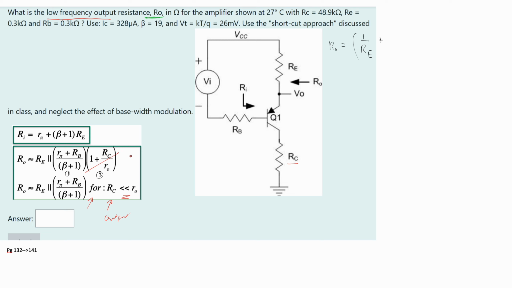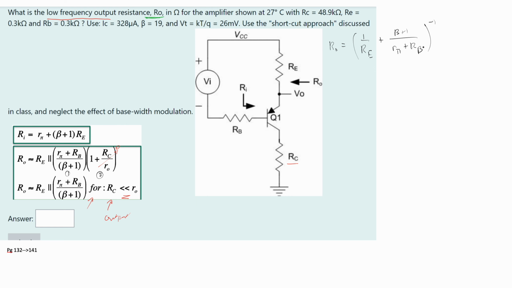Really, our R naught is going to equal infinity, so we have RC over infinity, and this gives us a 0 here. Then we would just multiply this by 1, which gives us nothing. So when we put it in the parallel form for our resistors, we can put the denominator in the numerator. So we have beta plus 1 divided by R pi plus RB, and this is raised to the -1.